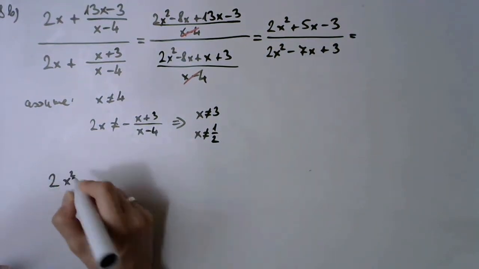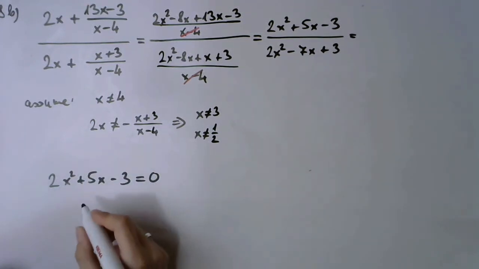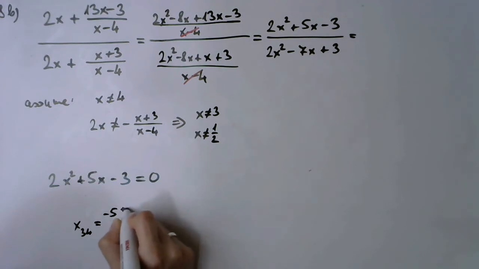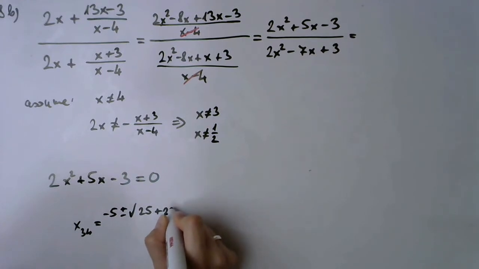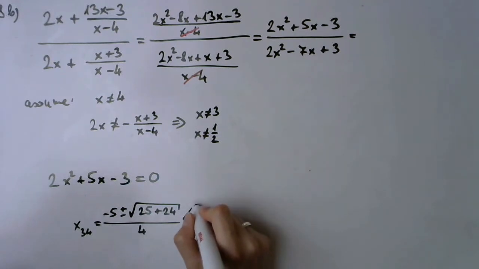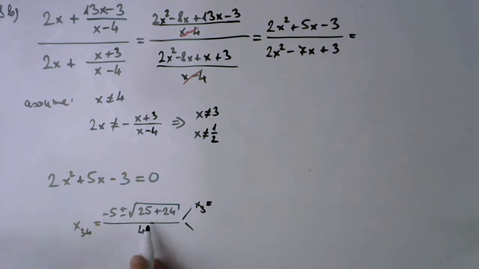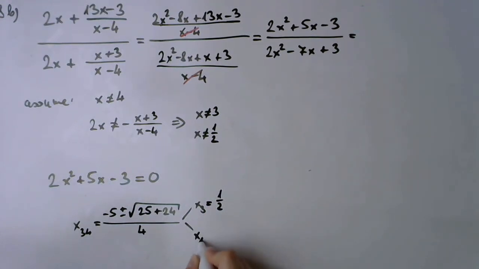So the equation in question is 2 times x squared plus 5x minus 3 equals 0, and here comes the formula, x3,4 equals negative 5 plus minus square root of 25 plus 24, divided by 4, and the two roots are x3 is negative 5 plus 7 divided by 4, that is 1/2, and x4 is negative 5 minus 7 divided by 4, it's negative 3.